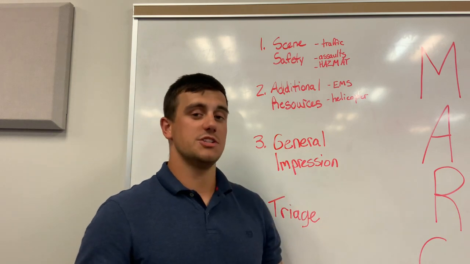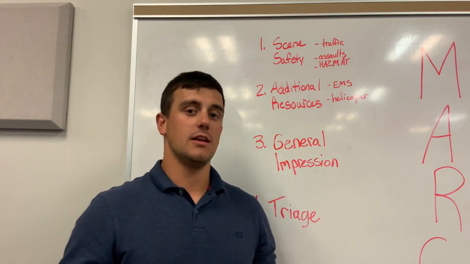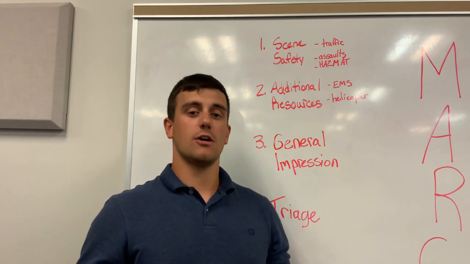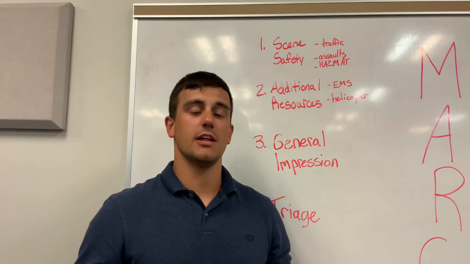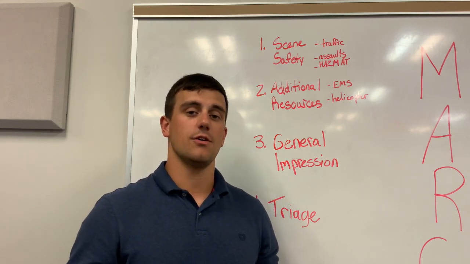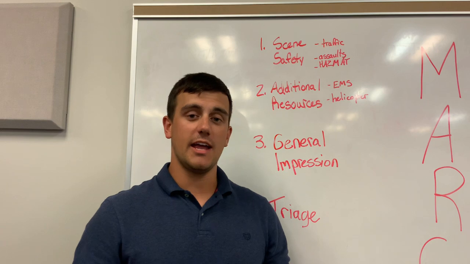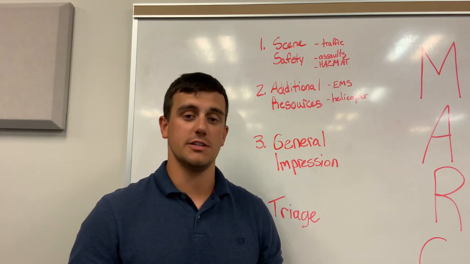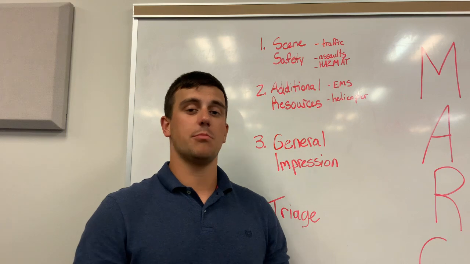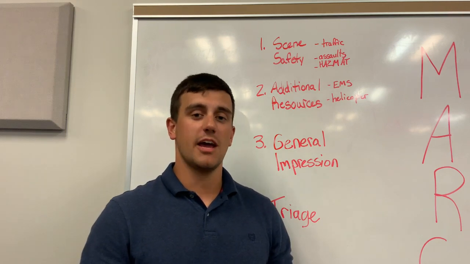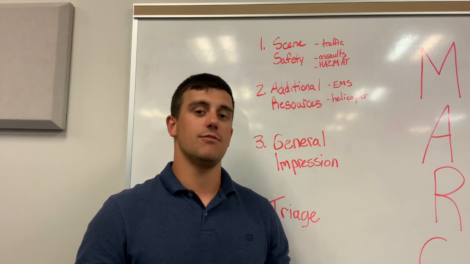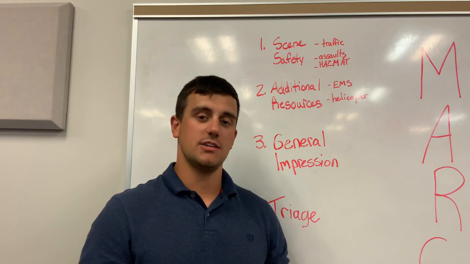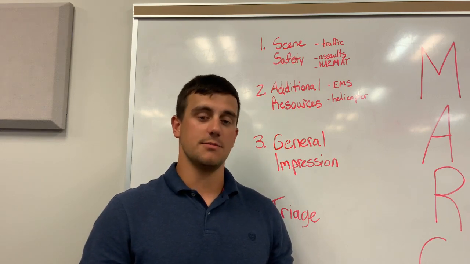Also, going along with the general impression, have we formulated a first thought, so to say, on these patients? Are they alert and oriented and talking to us? Are they alert and screaming in pain? That right there establishes a patent airway, which is part of our assessment that we'll go into. Just all these important considerations you want to keep in the back of your mind before actually even laying hands on a patient to do these types of assessments.